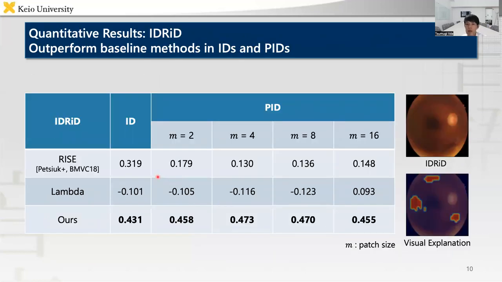Next shown is a quantitative result. We evaluated the models by the ID and PID scores. This table shows the results for IDRiD. The LABN outperformed baseline methods in terms of ID and PID.